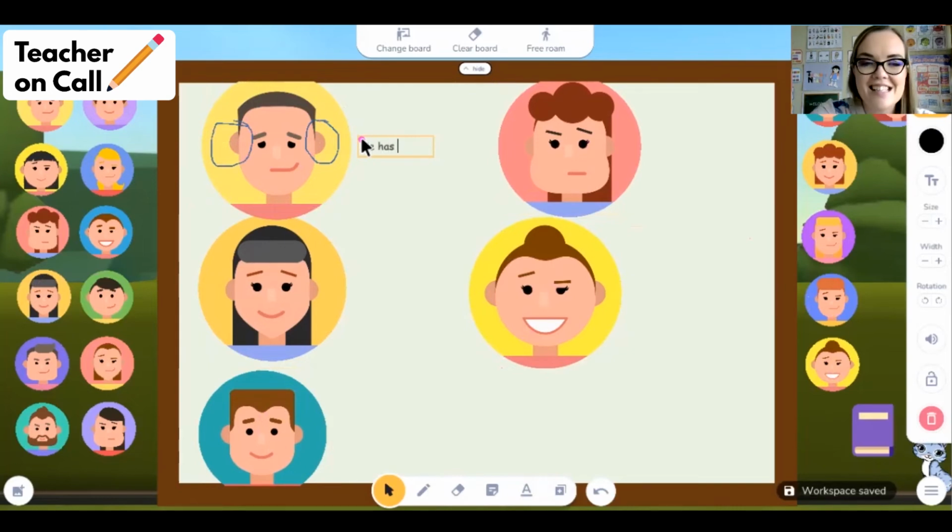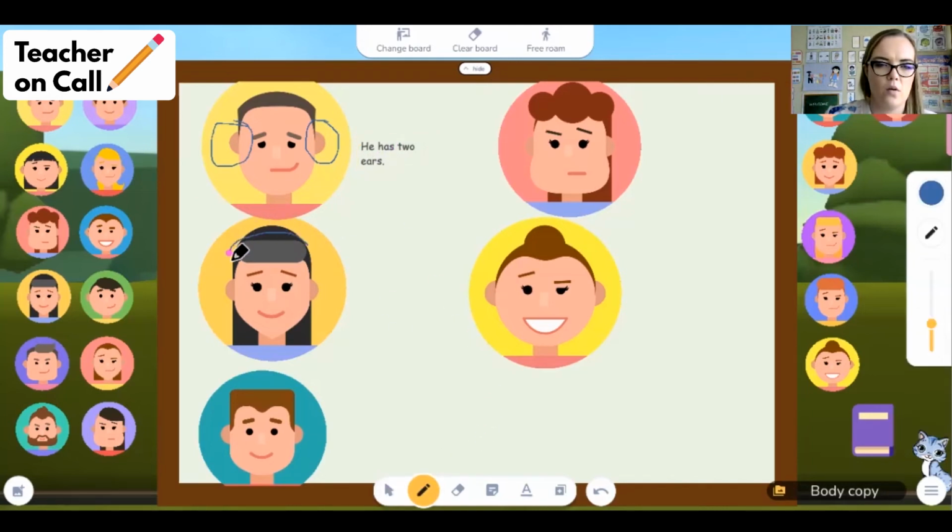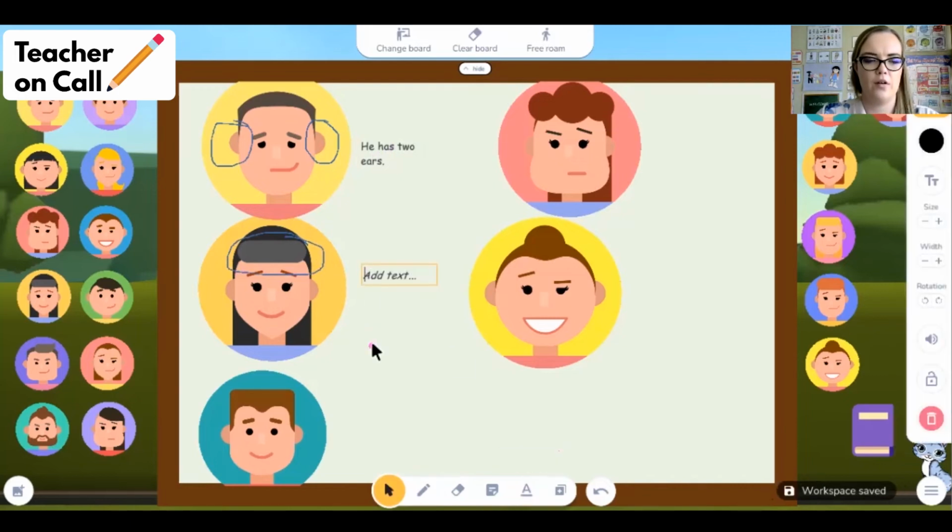What does he have? He has 2 ears. What does he have? He has 2 ears. What does she have? She has hair.